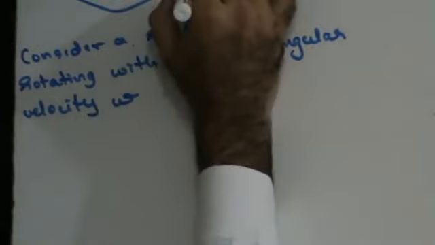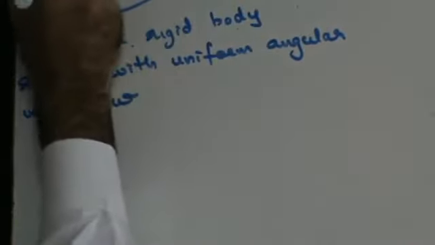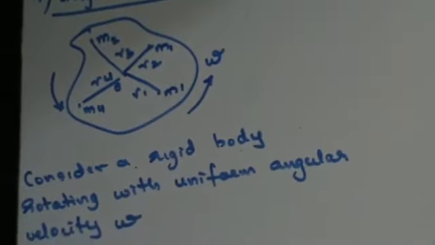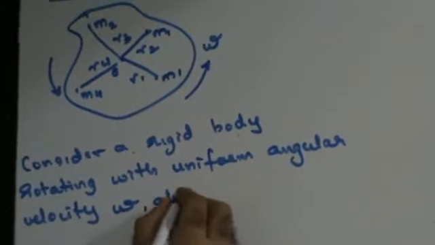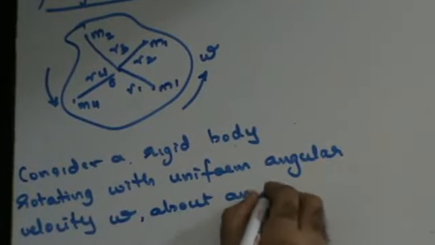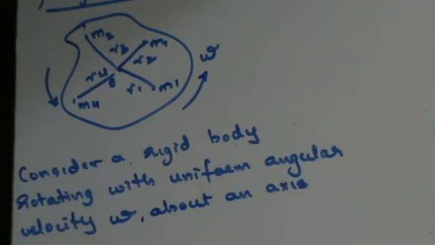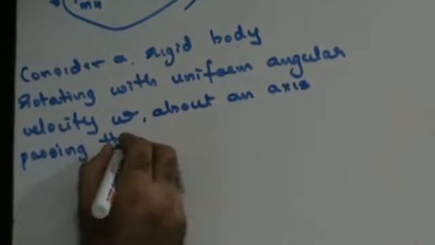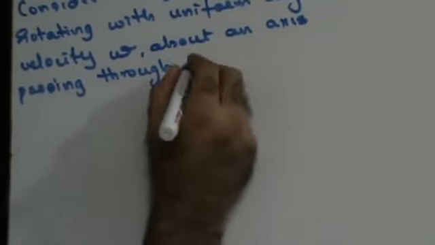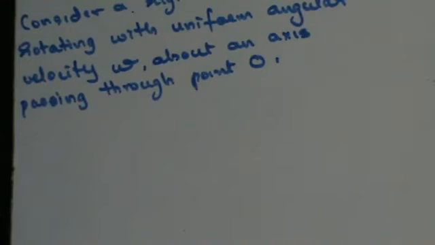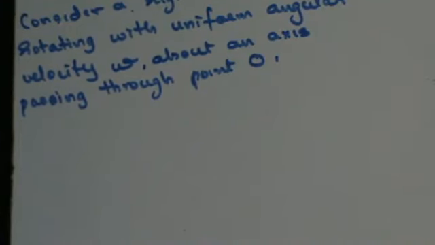So omega is the velocity with which the body is rotating, right, about an axis of rotation, about an axis passing through point O. Now, a section of the body, let's consider a section of the body.